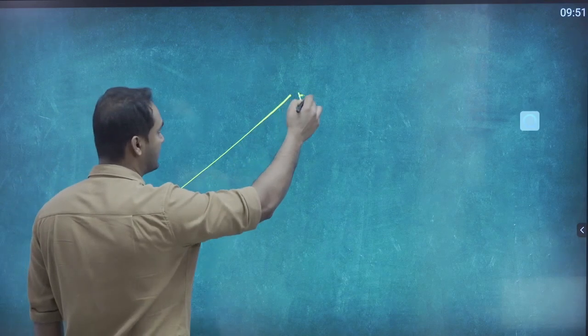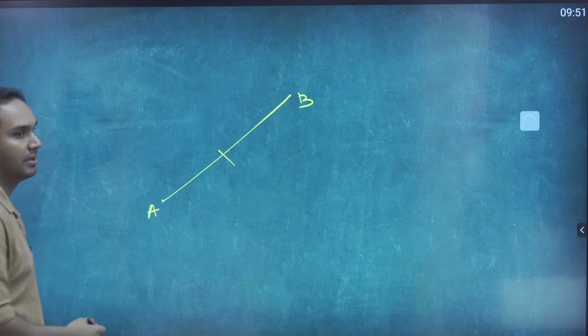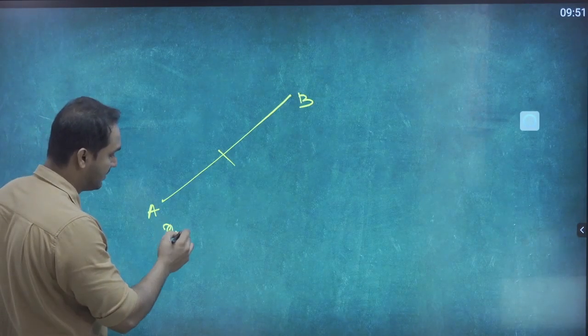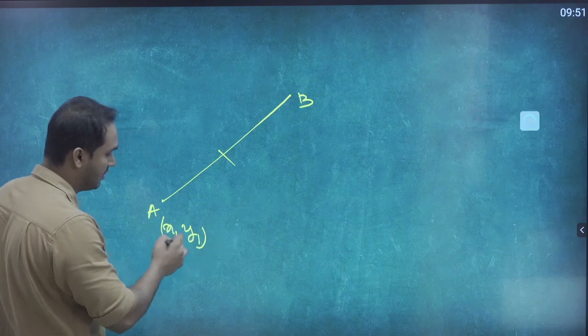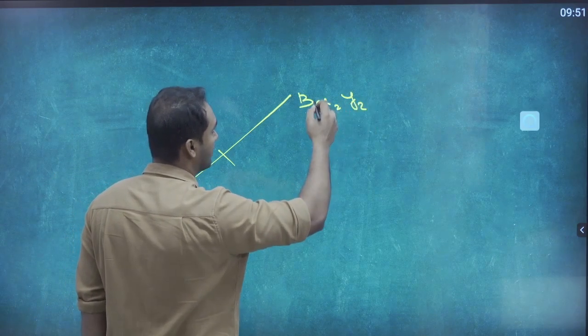Now the simple way of doing it. Let's say the A and B points are there, and we divide from the middle. Let's say this is x1, y1, and this is x2, y2.